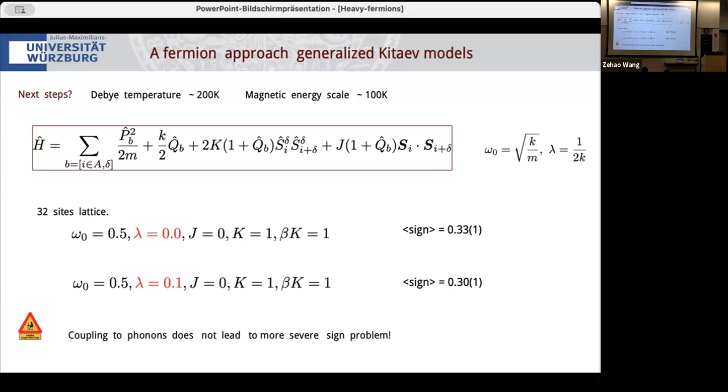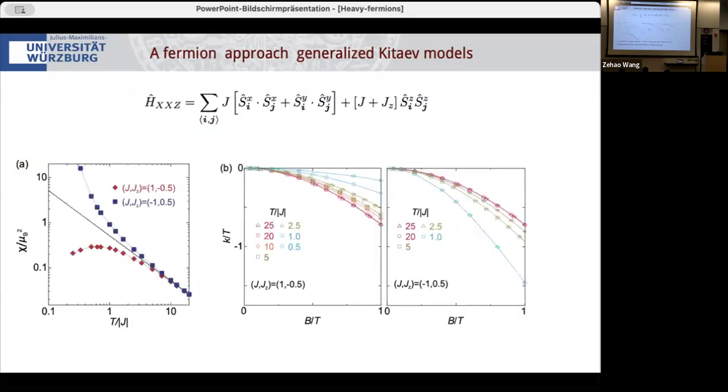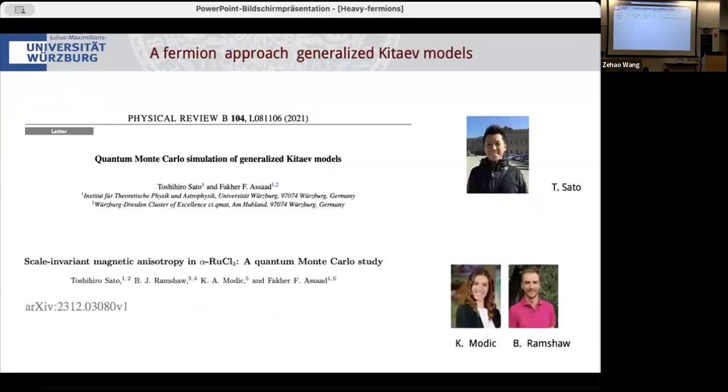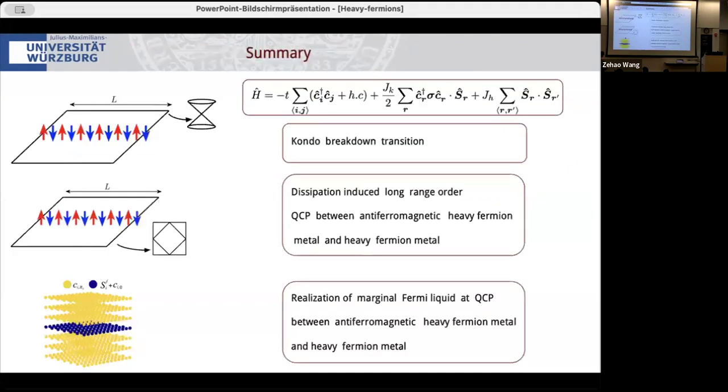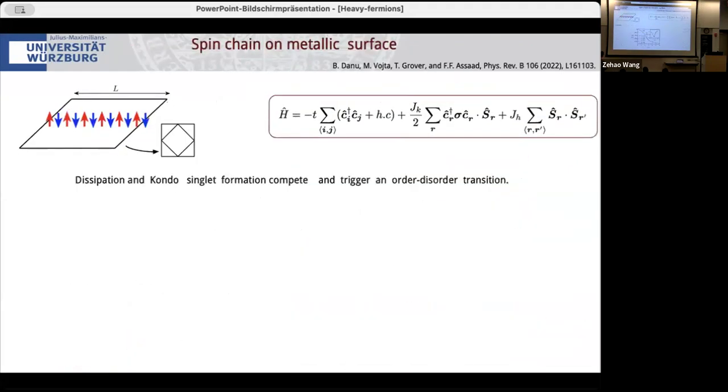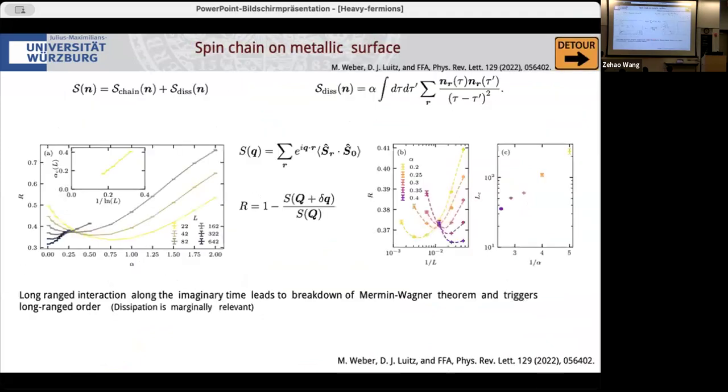When you integrate out the phonons, you get retarded interactions, and that's what Manuel did, right? And these are remarkable simulations. What Manuel did here, for the dissipation induced in this paper, these are remarkable simulations where you can go to very low temperatures and very high, and you don't have big autocorrelation times.